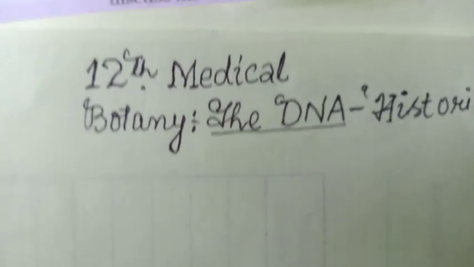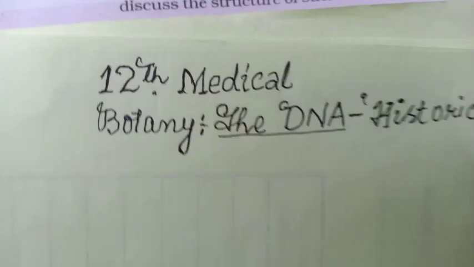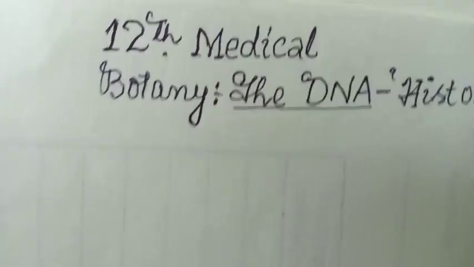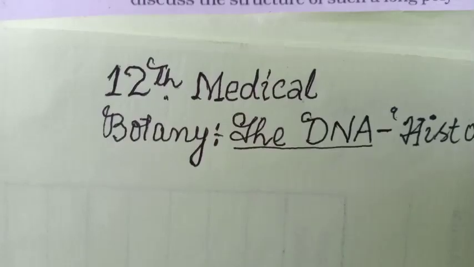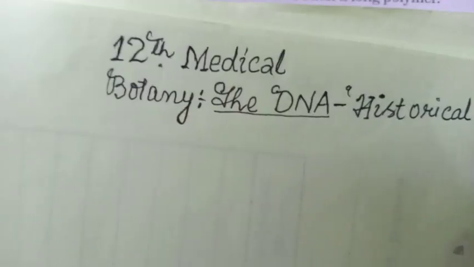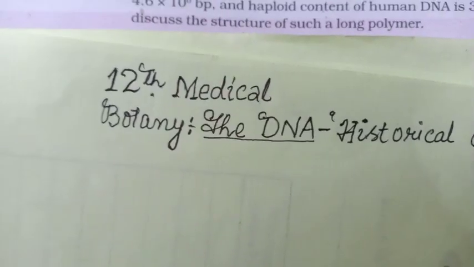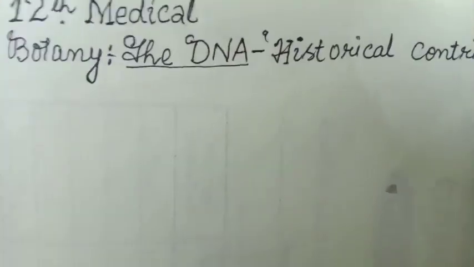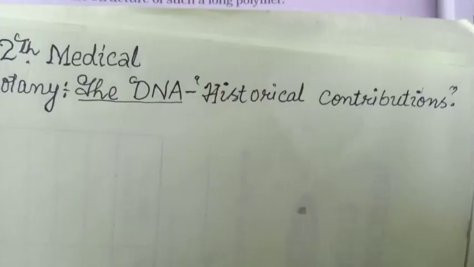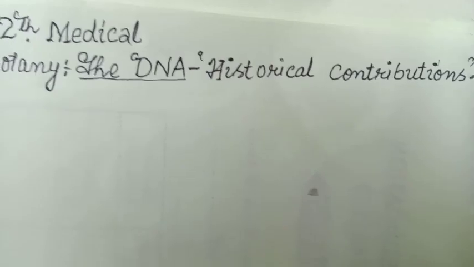Dear students of 12th class, today in your botany we are going to discuss the general DNA, and its history. What were the historical progresses that were made in the ultimate discovery of the final structure of the DNA?